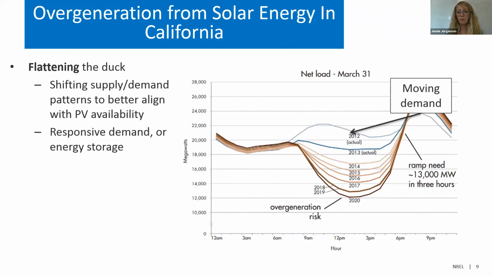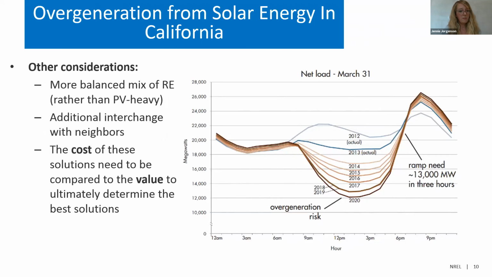That could be enabled by technologies such as energy storage, storing energy in the middle of the day, and then using it after the sun is set or when it is setting, or using responsive demand. So that could be encouraging consumers of electricity to move their consumption towards the middle of the day through time of use rates or perhaps even utility control of certain industries.